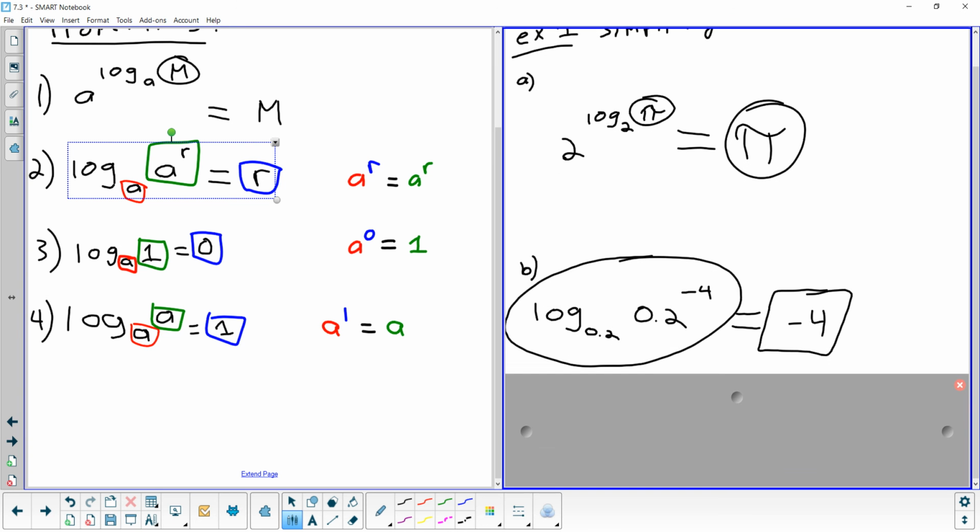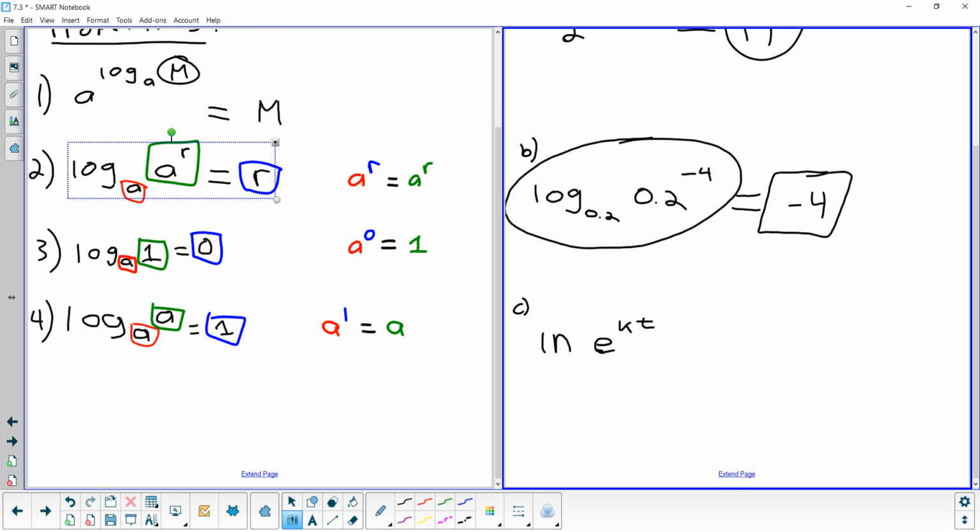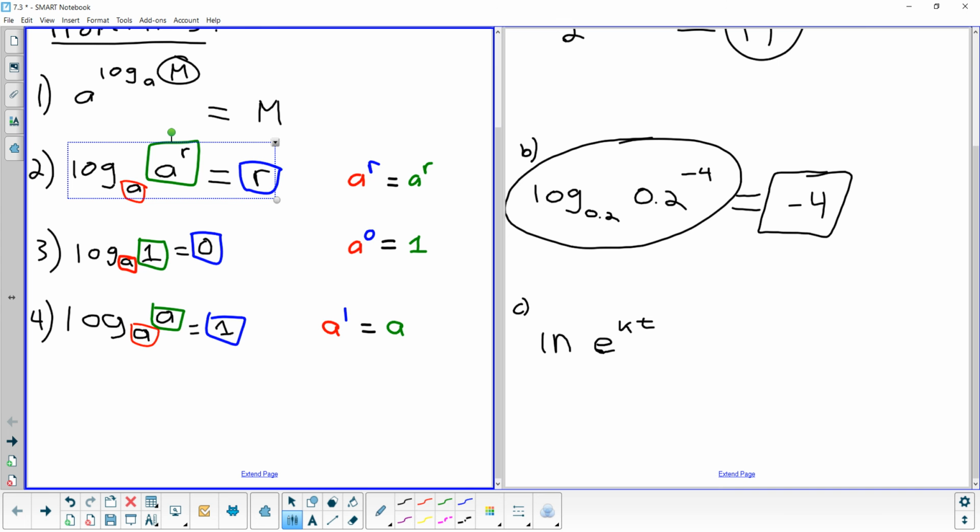All right, let's look at this one. The ln of e to the kt. A little bit tricky, but that is one of the properties on the left. Anyone think they know which property that one is? It is property 2.